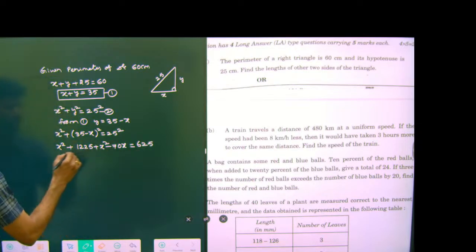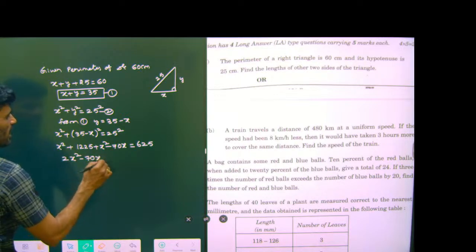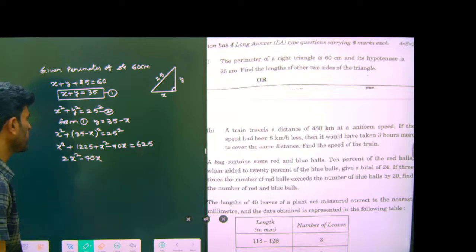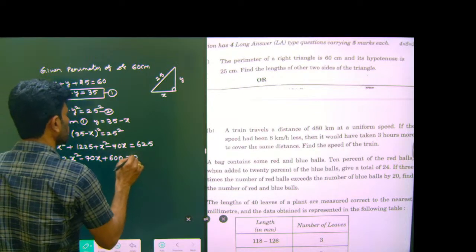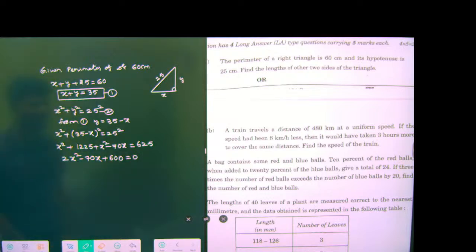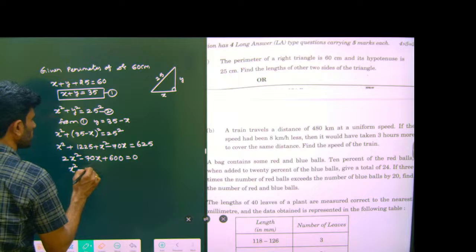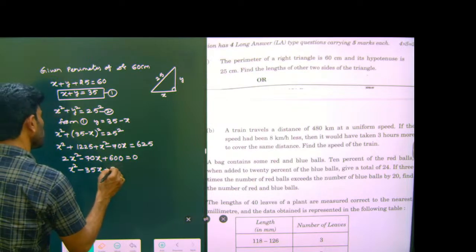Now x square plus x square, 2x square minus 70x, and transpose that 625 this side. 1225 minus 625 is 600, plus 600 is equal to 0. Now everywhere we can divide by 2, so that equation will become simple. X square minus 35x plus 300 is equal to 0.